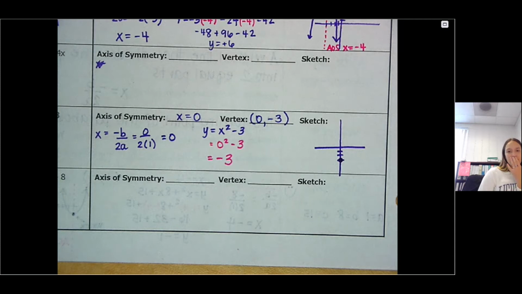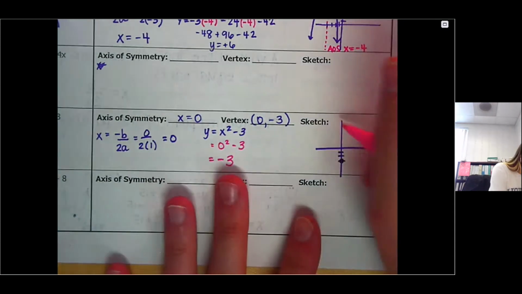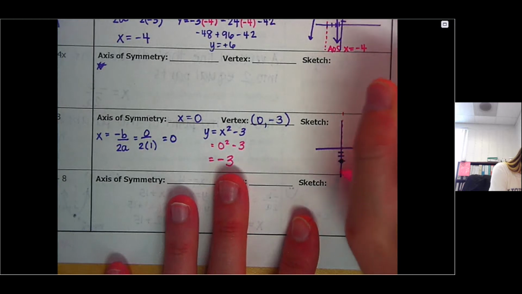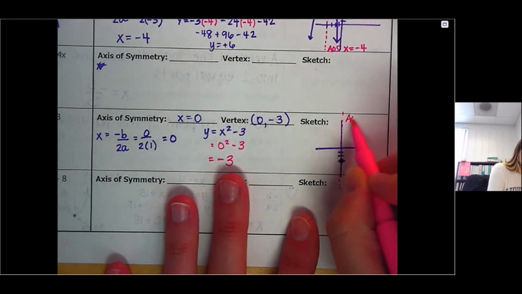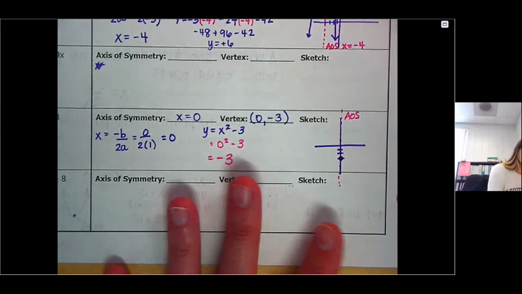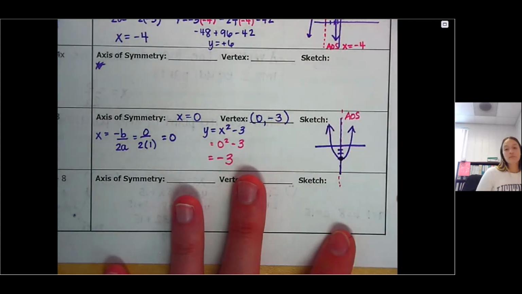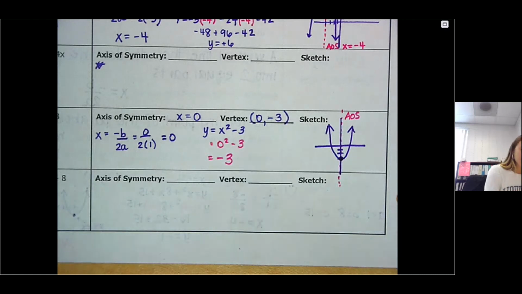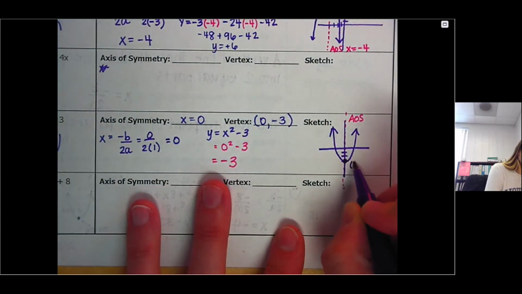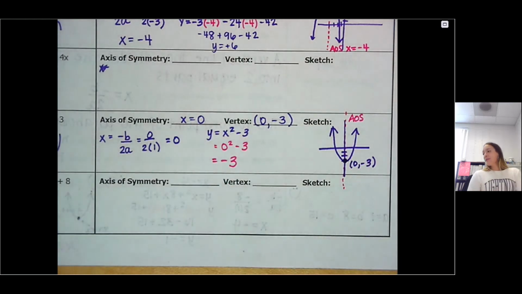And then where's the axis of symmetry? Literally right there on the axis. That's my axis of symmetry. So it looks like this. And I'm done. And that's my vertex right here, which is 0, -3. Easy peasy, right?